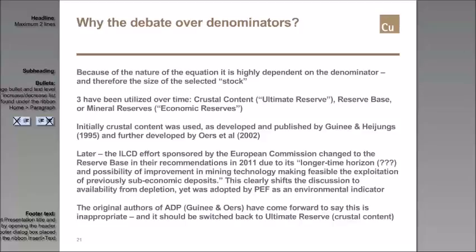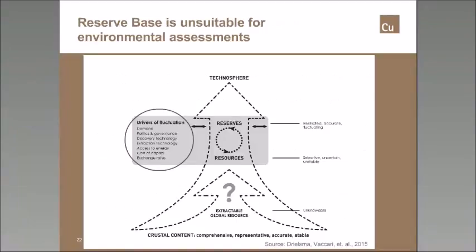The original authors of this method of abiotic depletion potential, Guinée and Van Oers, just released a paper in the last 2 months to say that they feel this is inappropriate and it should be switched back to crustal content. Why is it inappropriate?